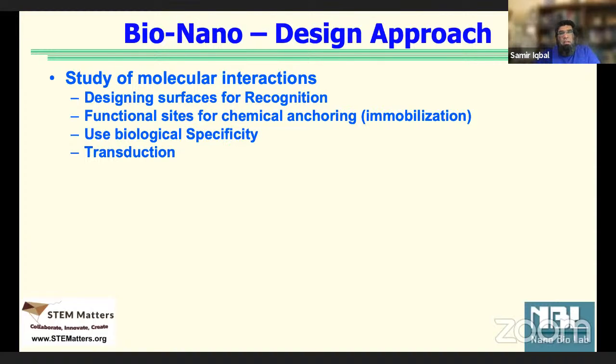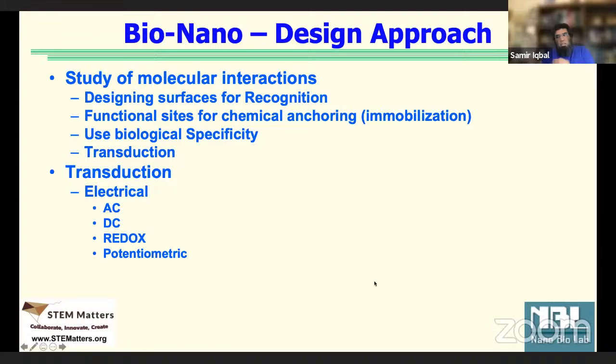Now, when we nail down all the different ligand receptors, antibody, antigen, DNA molecule, the target and probe DNA molecule interaction, so we put it down. How do we know that binding is occurring? So we do a bunch of things. So we talk about sensors generally, but now we are talking about nanobiosensors. Now we are talking about some technologies and techniques that are used to measure those changes that happen on the surface, right?